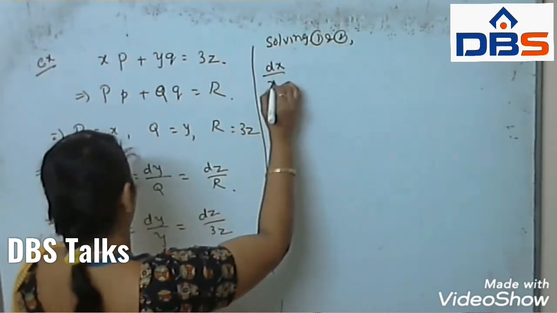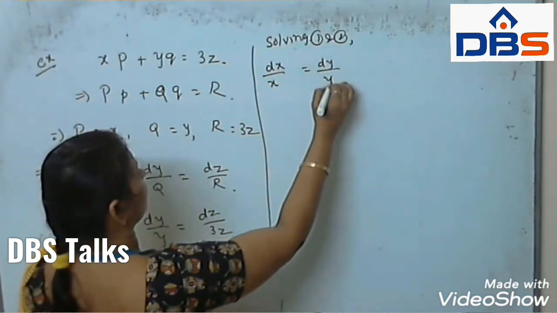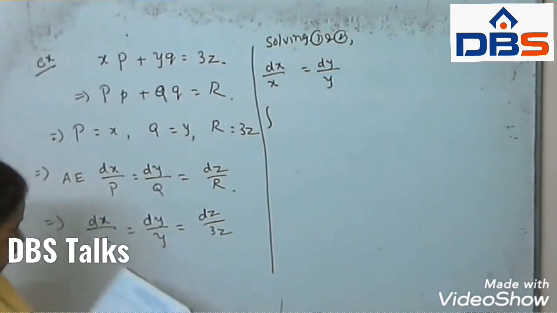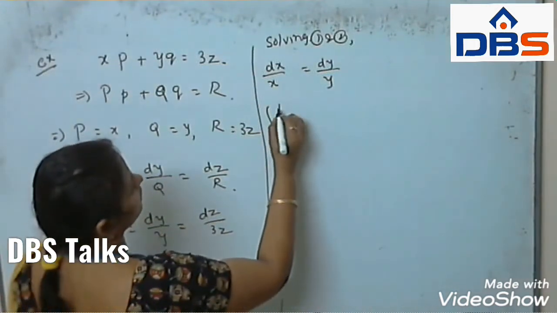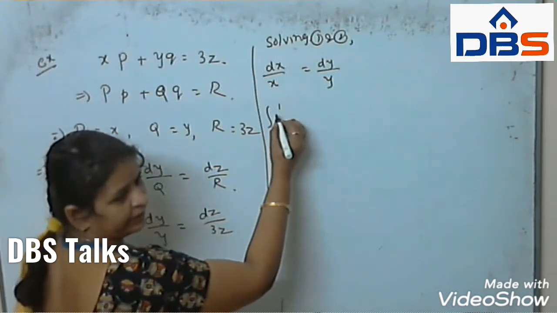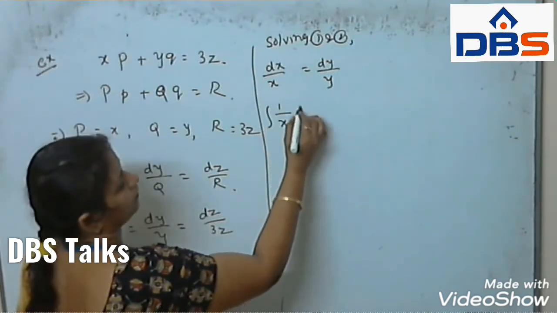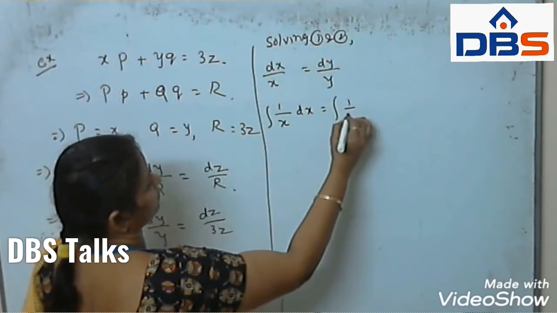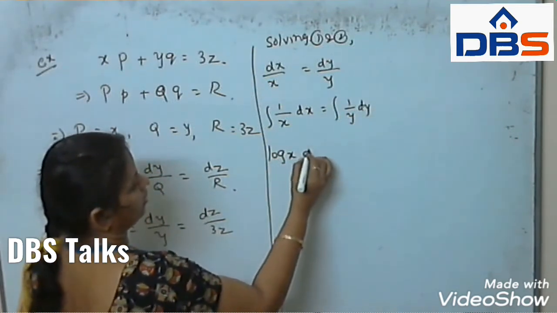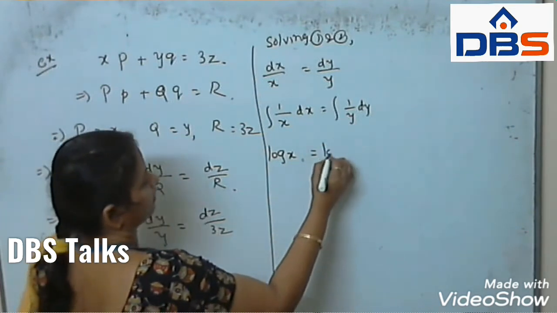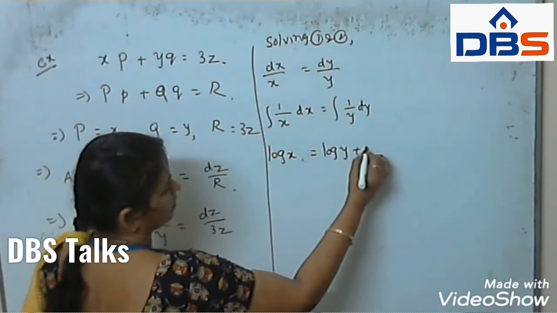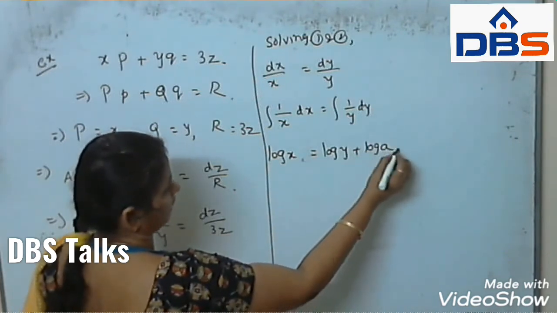dx by x equal to dy by y. By integrating, here already the variables are separated, so you can integrate them directly. Integral 1 by x dx equal to integral 1 by y dy. Integral 1 by x means log x equal to log y plus c, or you can write it as log a.